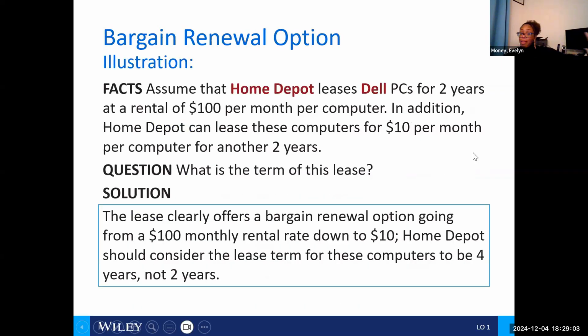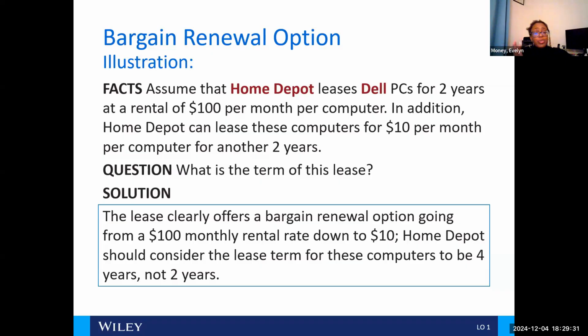So again, let's see a better example. Now, let's assume that Home Depot leases computers for 2 years at a rental of $100 per month per computer. Home Depot can lease these computers for $10 per month per computer for another 2 years. So because of this bargain renewal option, the lease term is not 2 years, it's actually 4 years.